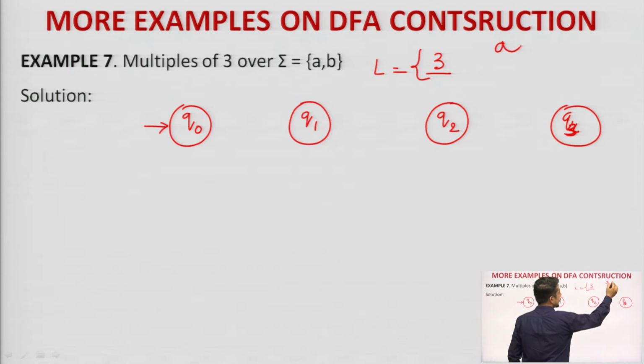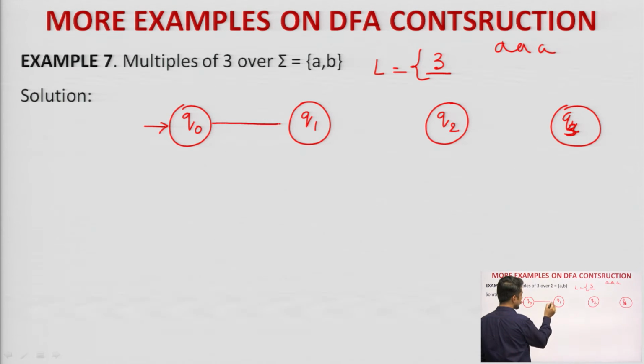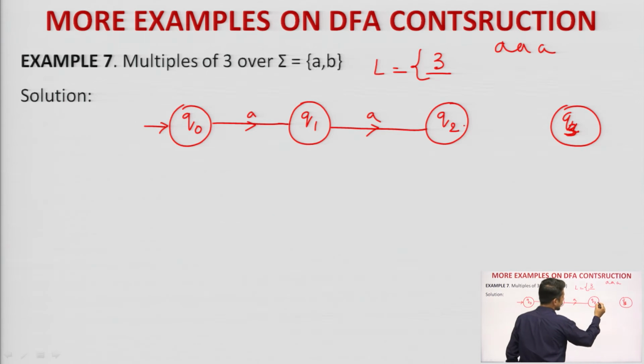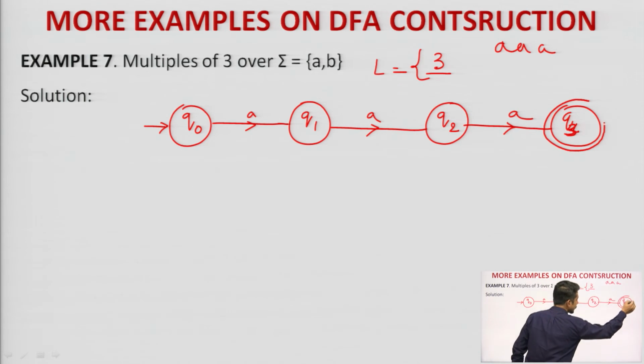The first string will be 3 times a: 1 transition for a, 1 transition for a, 1 transition for a. Then I have to make this a final state.